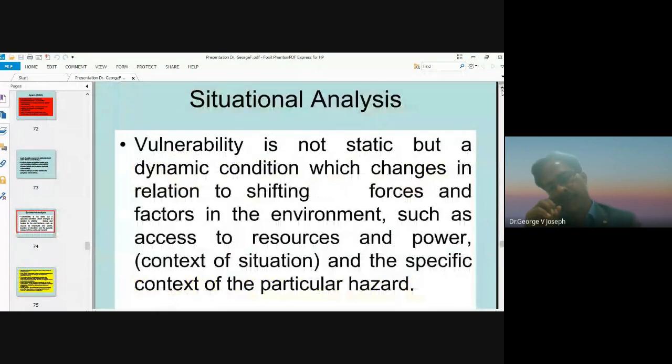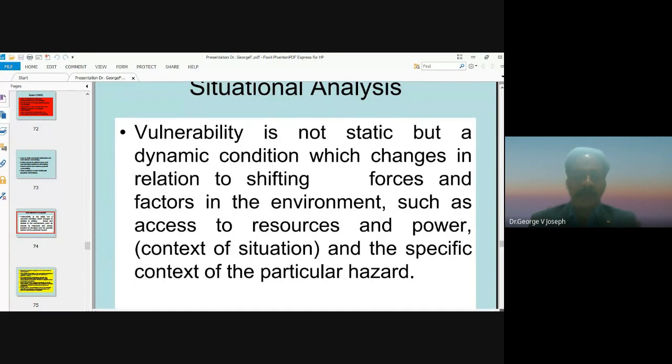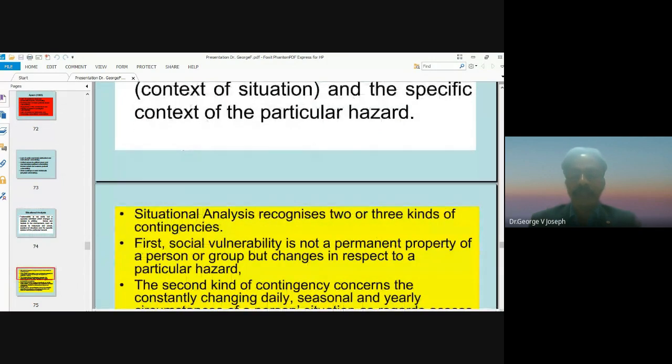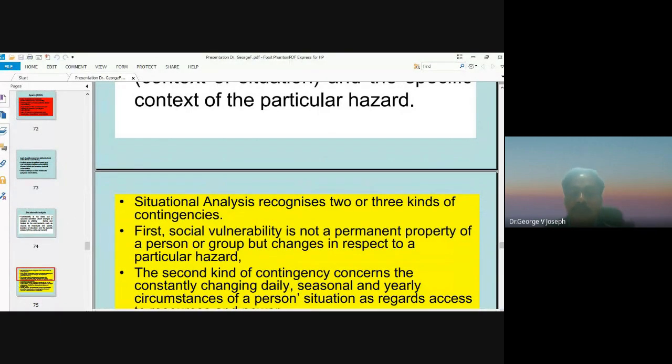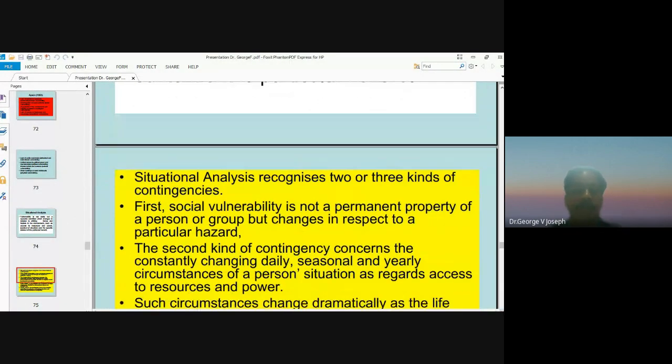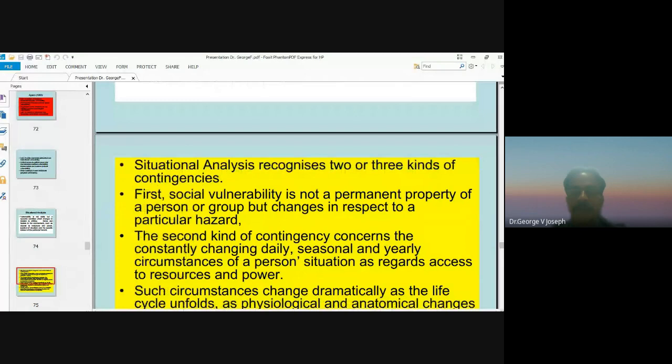So another issue is situation analysis, as I said. Situation analysis recognizes two or three kinds of contingencies. First, social vulnerability is not a permanent property of a person or group, but changes in respect to a particular hazard. People may be vulnerable to earthquake hazard, but sometimes not vulnerable to flood.